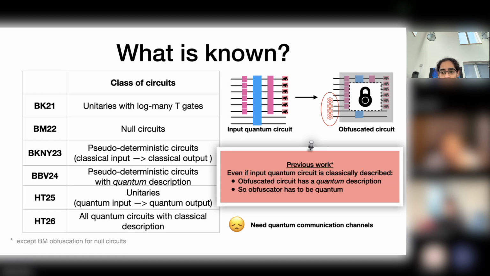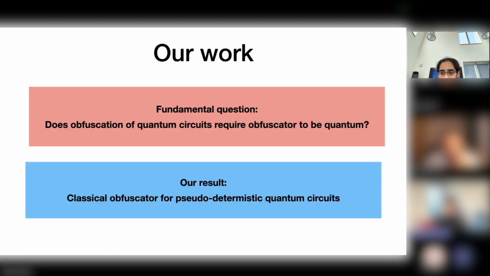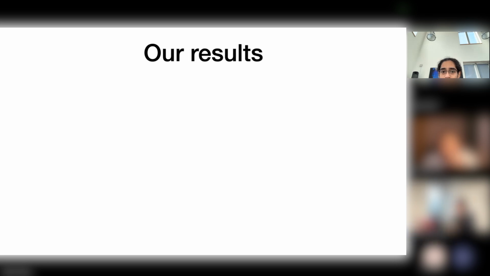And what were the quantum states that BKNY was concretely outputting? They were coset states, essentially. So that's the part we dequantize. I see. So you basically show how to delegate the preparation of these coset states. Exactly.